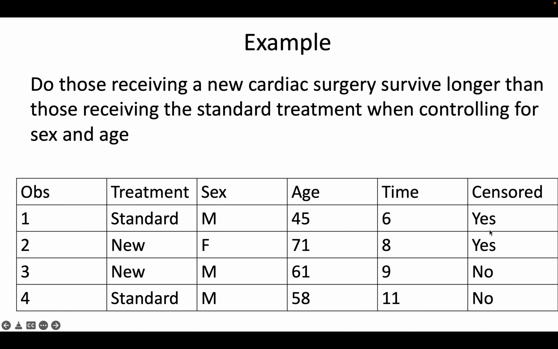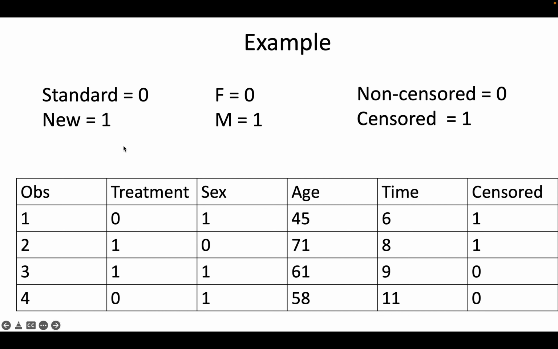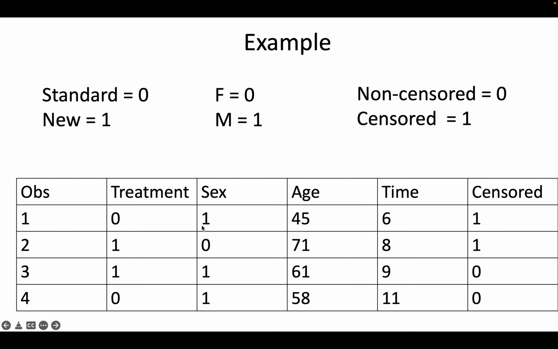So that's basically how we tell the software whether someone's time stopped because of their event or because of loss to follow-up. For coding, standard treatment is 0, new is 1, female is the referent, and censored is 1. And that's how our data would look.